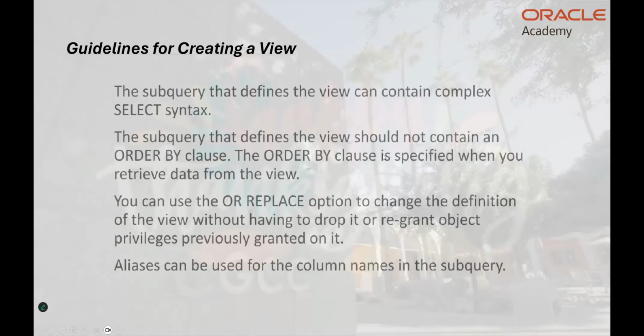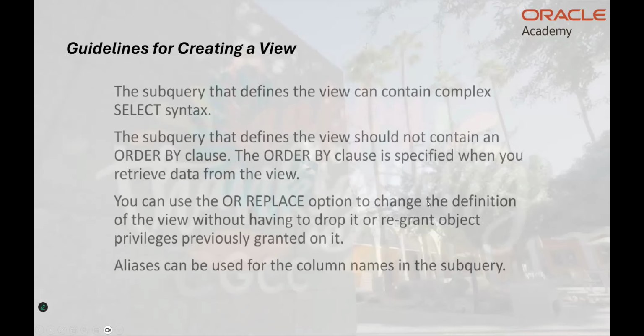All right, so there are some guidelines for creating views, of course, always rules and guidelines. The subquery that defines a view can contain complex select syntax. So it can be as complex as it needs to be as far as your view. Now, we've learned some relatively complex queries and subqueries. The select query for the view can be any of those.